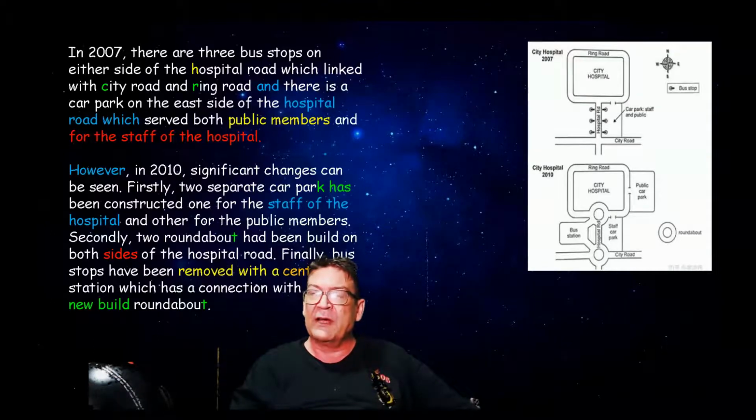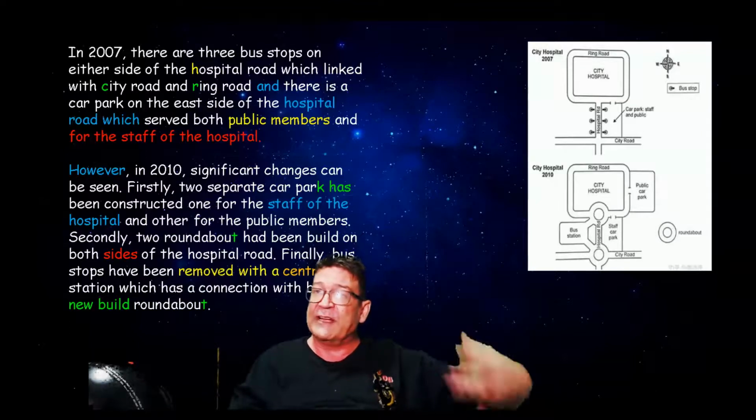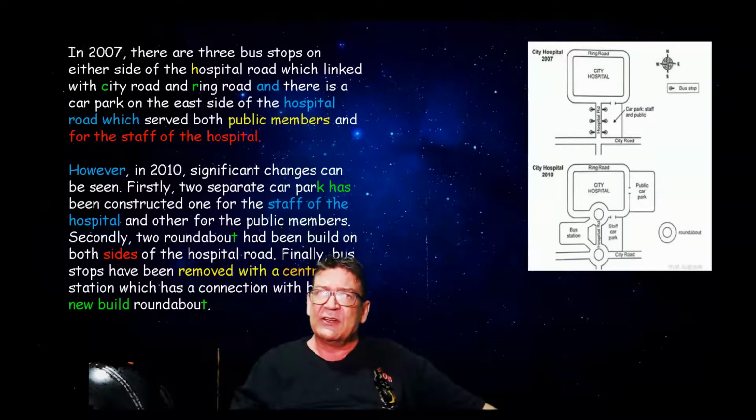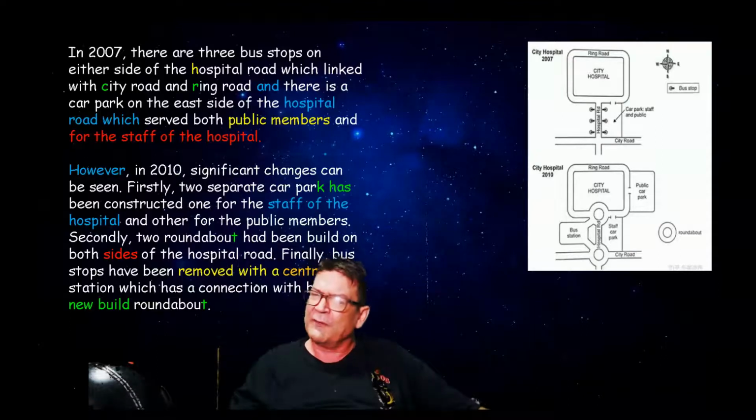However, in 2010, some of it had expanded to the east. Yeah, you can say that. But here there's no idea, it's just details, and details don't get contrasted with 'however'. Follow me there? I hope so.